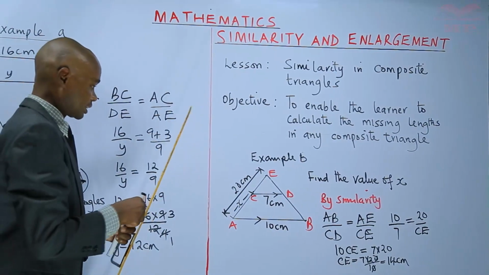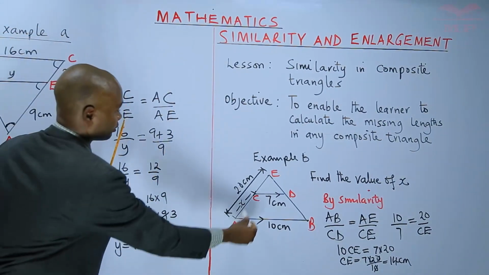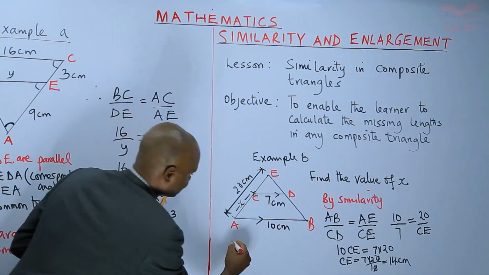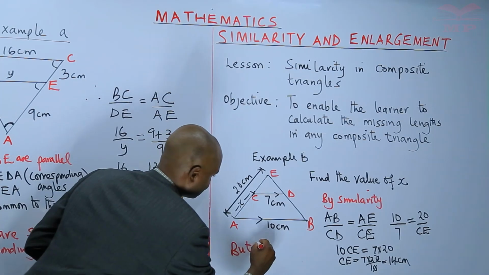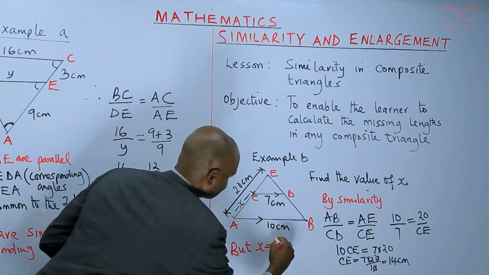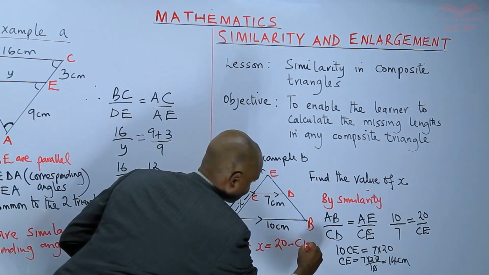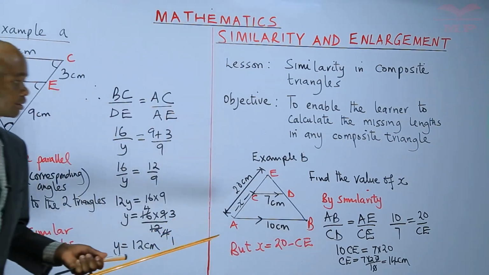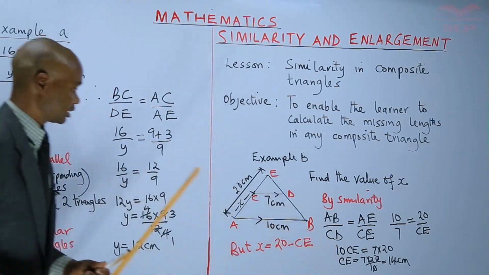So you'll come and say, but x, they have asked you for x, but x is equal to 20, subtract CE. But I've already got CE, isn't it?